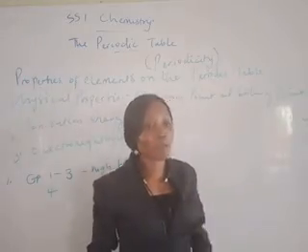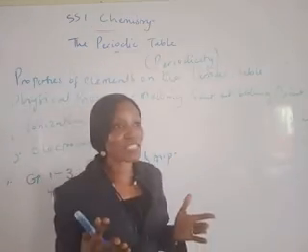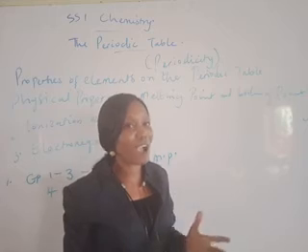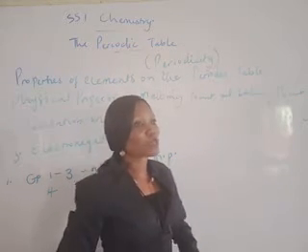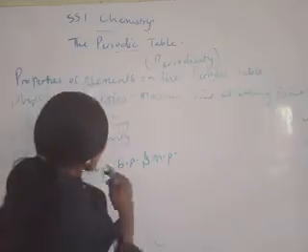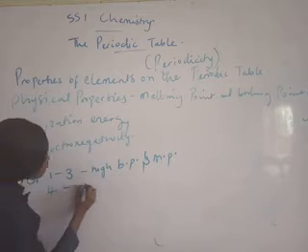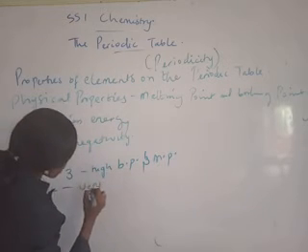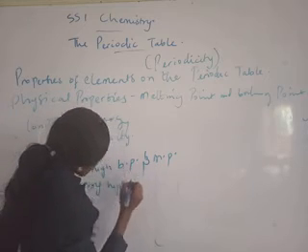One of the properties is that diamond is crystalline in shape, and that means it's very hard. Diamond can cut the hardest elements. So that's why it's very, very hard. Is that okay? All right. For group 4, they have very high boiling and melting points because they exist in crystalline form.